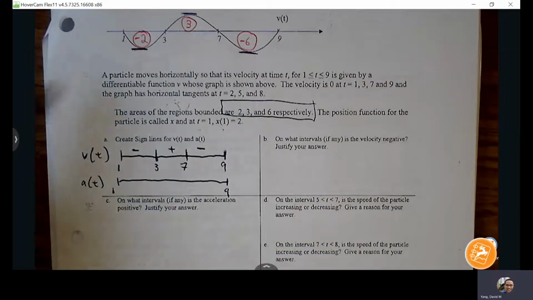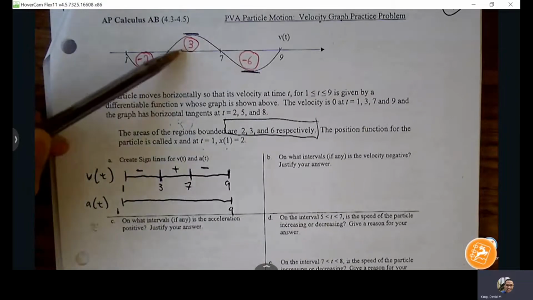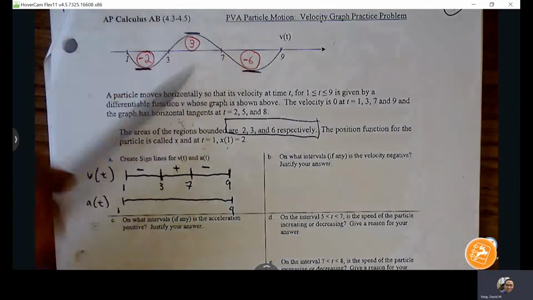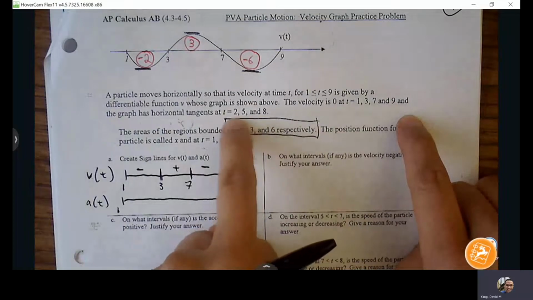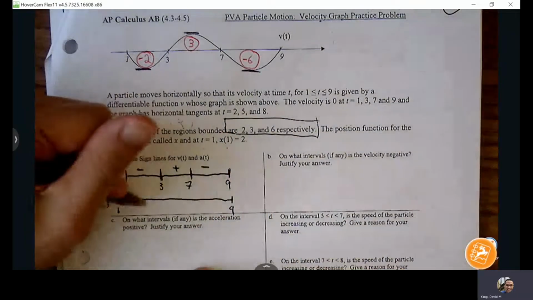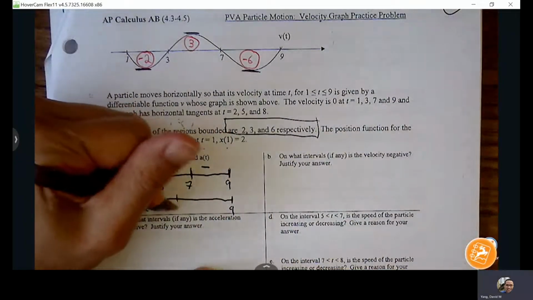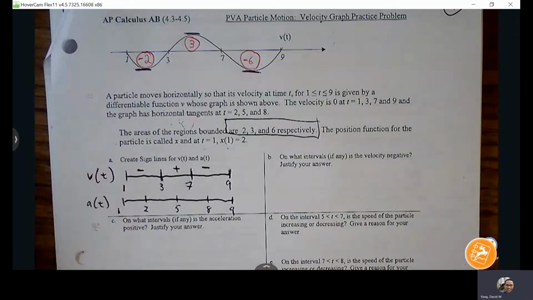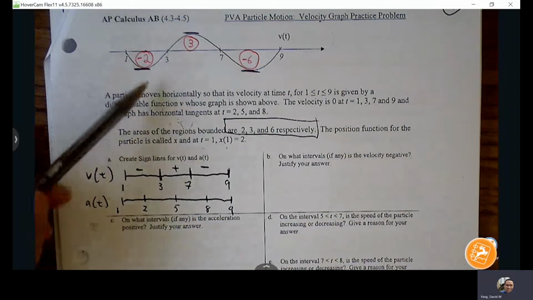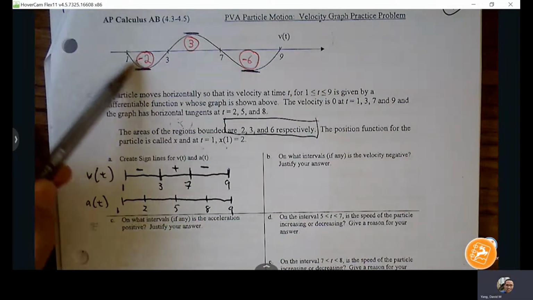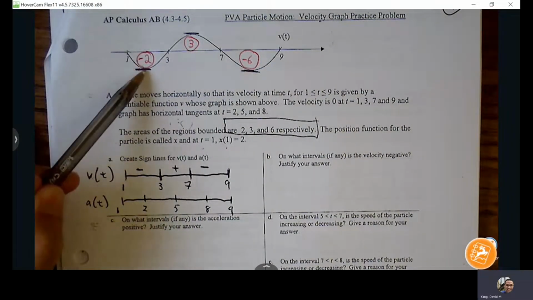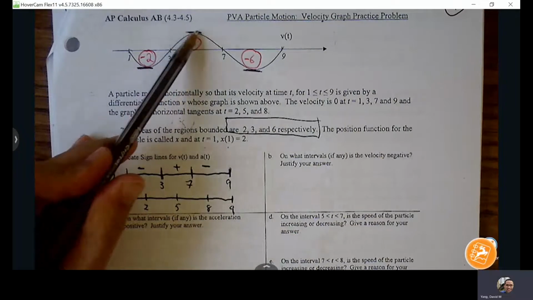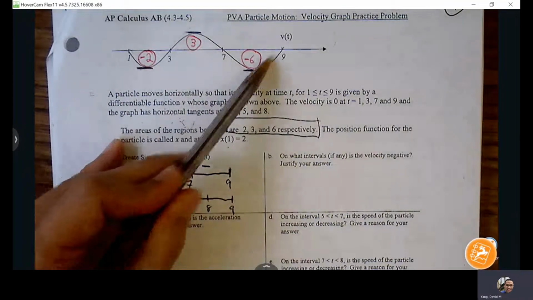Acceleration is 0 at 2, 5, and 8. That's what they tell us. Horizontal tangents at 2, 5, and 8. In terms of positive and negative acceleration, we look at the slope. Negative slope of velocity translates to a negative acceleration. Positive acceleration, negative acceleration, positive acceleration.